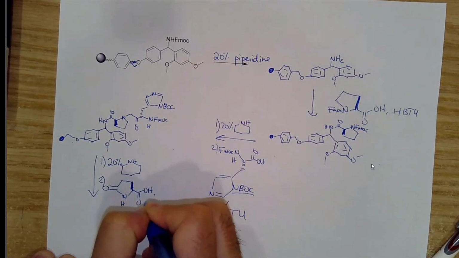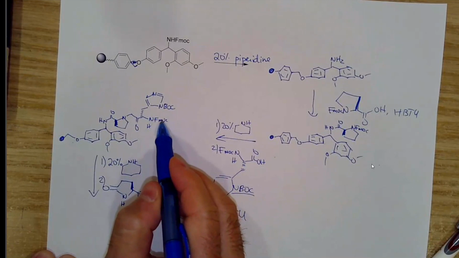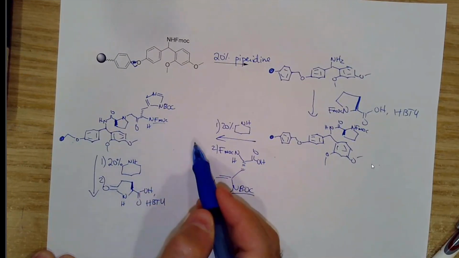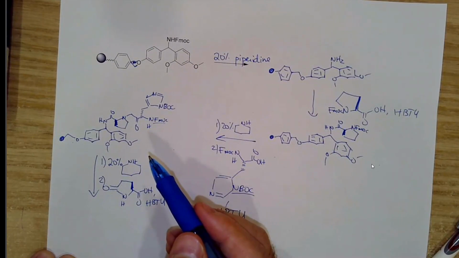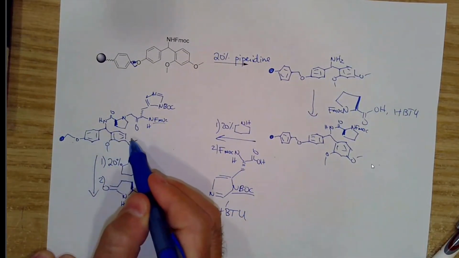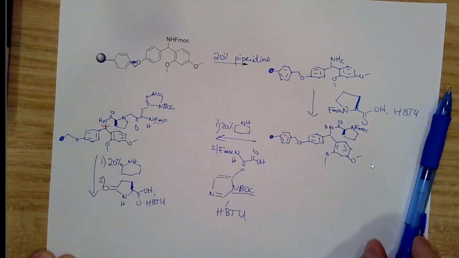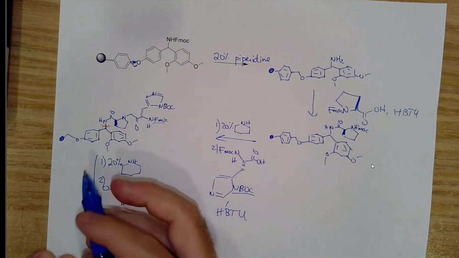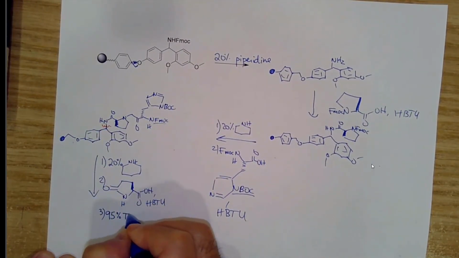So we treat that with HBTU. Okay, so we do that coupling off of the Fmoc. And then what we need to do lastly is remove it from the resin, right? So to remove it from the resin and to cleave this bond, remember we need to use 95% TFA, right?